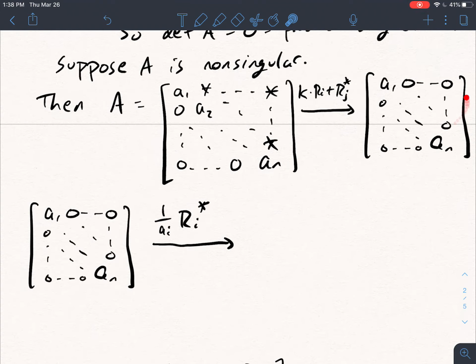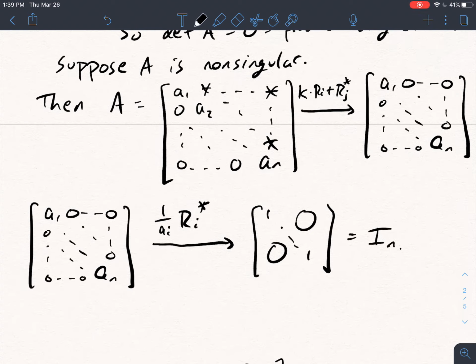That was actually necessary for the previous step as well, and it is true because A is non-singular. So I can do this, and what I end up with is the identity matrix. So the determinant of A is equal to 1 over a_1 times 1 over a_2 times 1 over a_n times the determinant of the identity matrix, which of course is equal to 1.